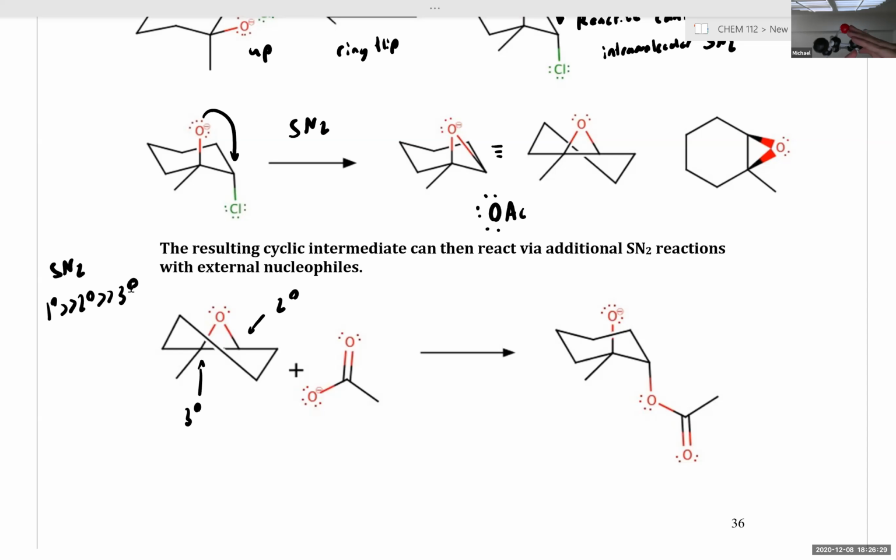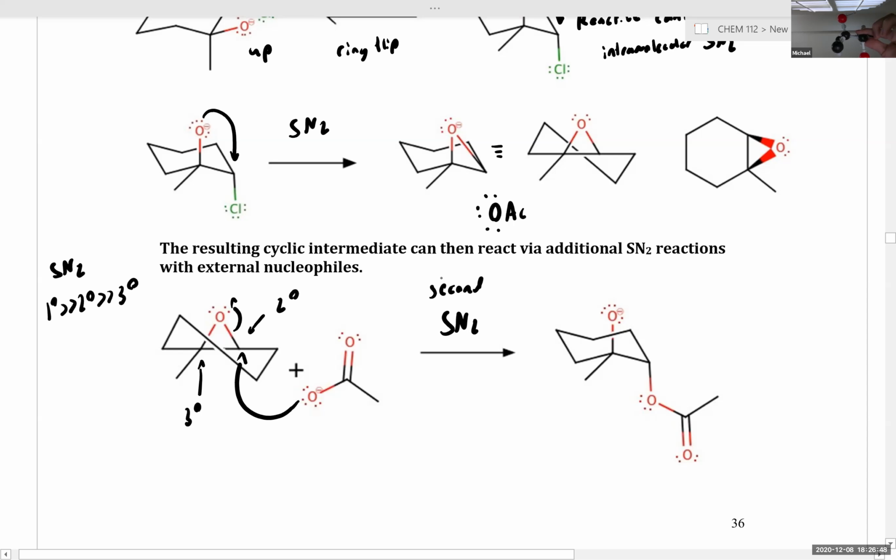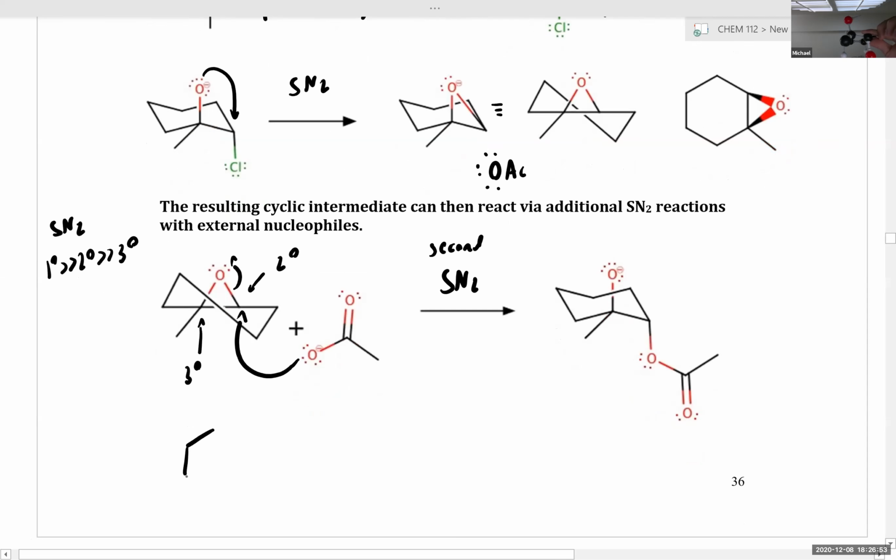We'd attack at the secondary carbon, right? So we'd open up our cyclic epoxide intermediate by attacking our secondary carbon. And that would look something like this. So we have our second SN2 reaction. If we wanted to see this in dash wedge notation, we'd have the following epoxide intermediate, and acetate would attack our secondary carbon and open it up.